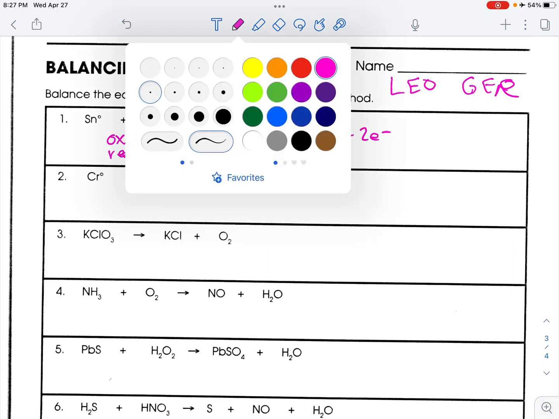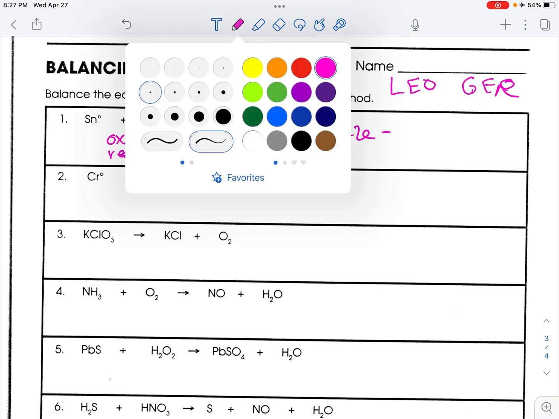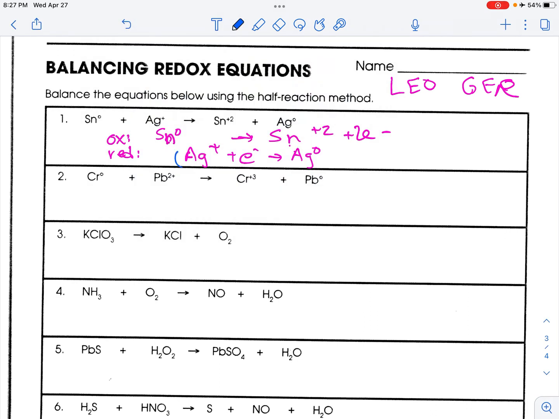So now we are balanced for mass and charge for the silver. However, you'll notice that we lost 2 electrons, but only gained 1. And so the law of conservation says you can't do that. So if we need to balance this entire thing here, this entire thing needs to be multiplied by 2.